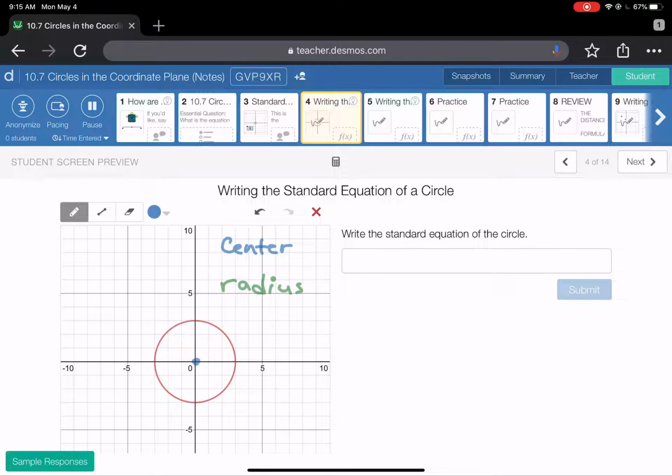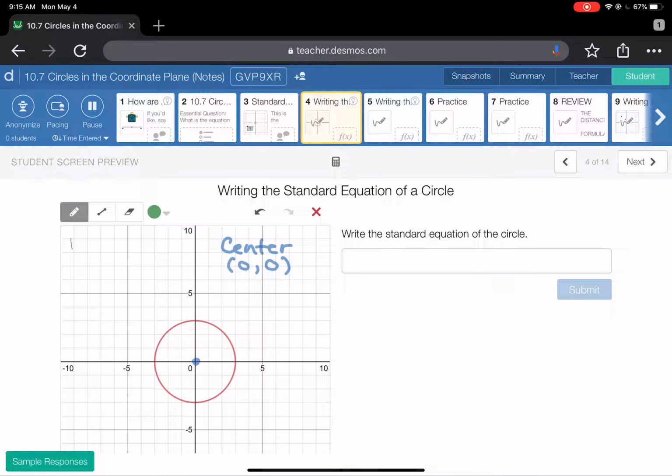And I know that is true because if I go from 0, 0 to the edge of the circle in multiple different ways, I'm going to see that it takes the same number of squares to get to the edge. So that center is located at 0, 0. Okay, we're going to move the radius over somewhere else.